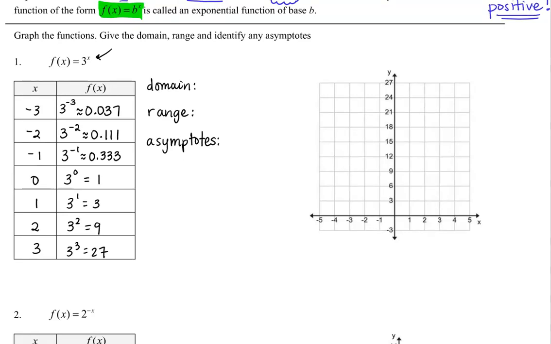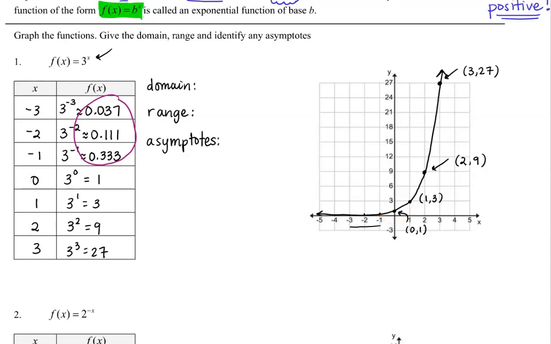So now I'm ready to start plotting the points that are on this graph. Notice that the y values, as x gets negative, those y values are getting very, very small. These y values here are getting very close to 0. Now I'm ready to come in and connect these points.